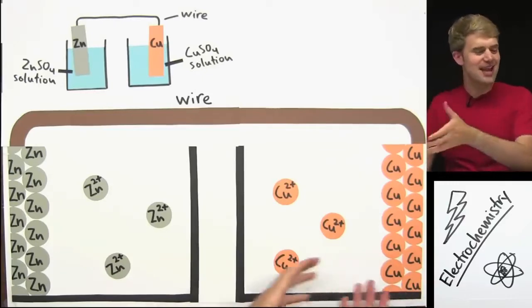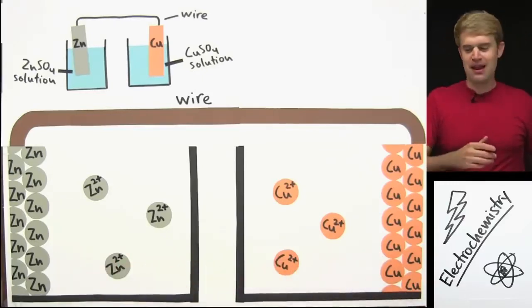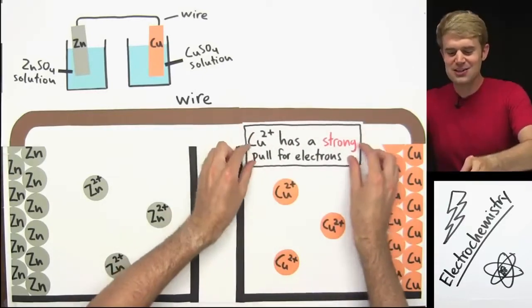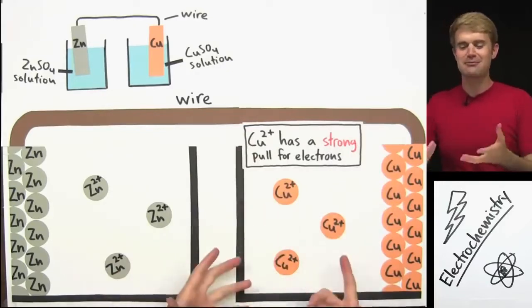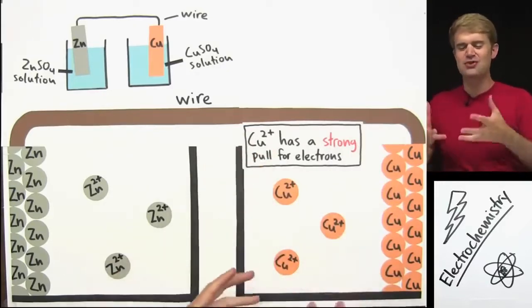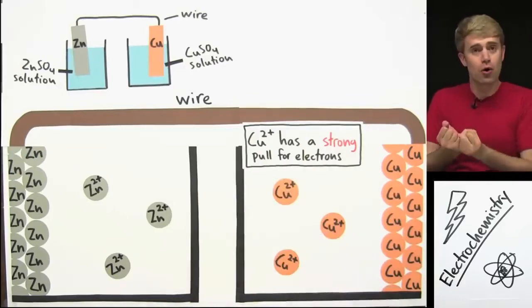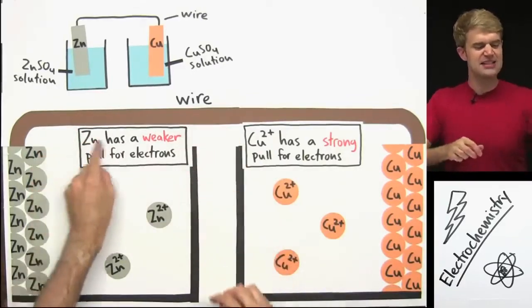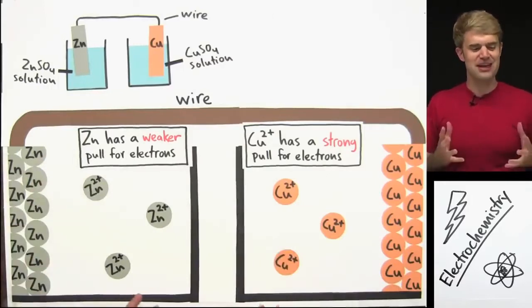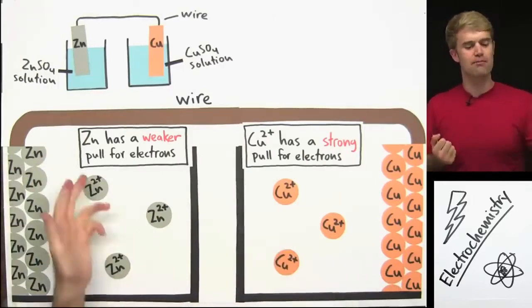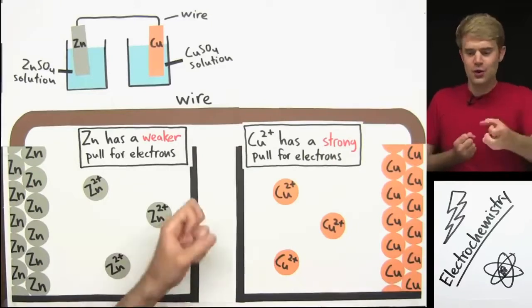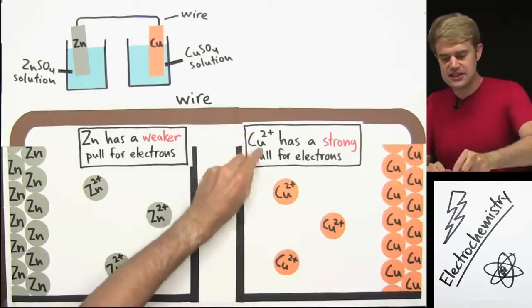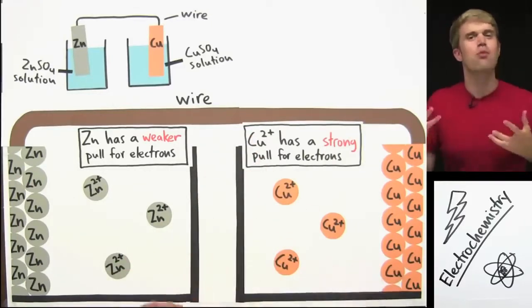One of them wins and one of them loses. It turns out that Cu2+ has a really strong pull for the electrons. But on the other hand, zinc has a weaker pull for electrons. So in this tug of war, Cu2+ ends up winning.